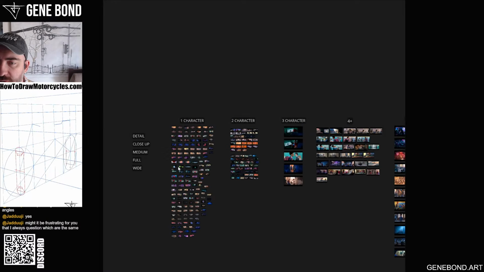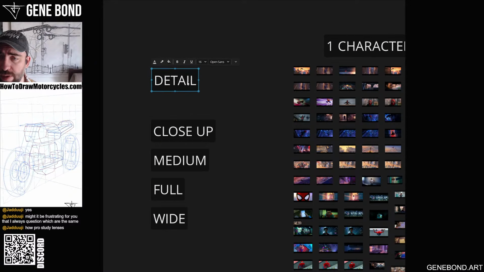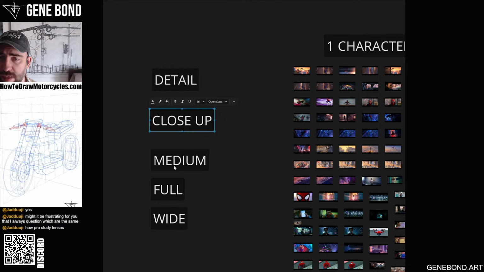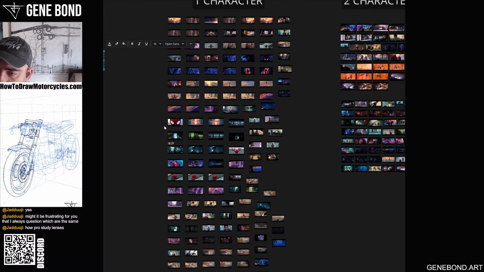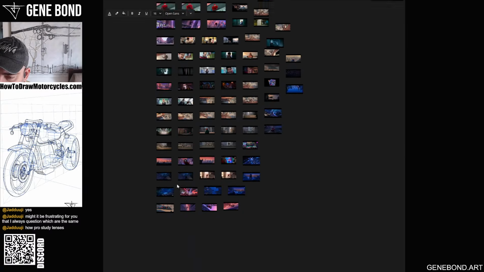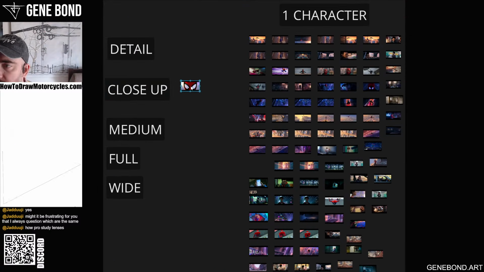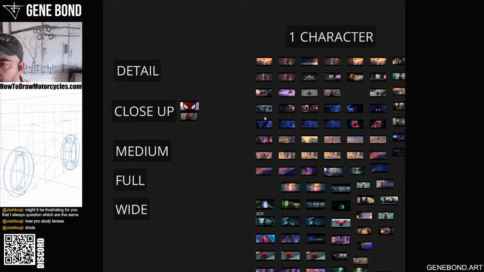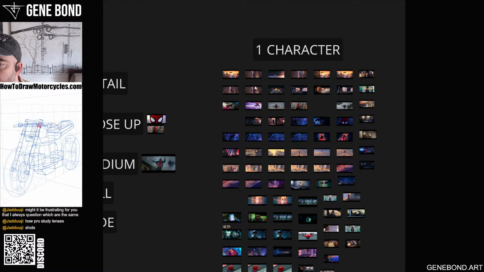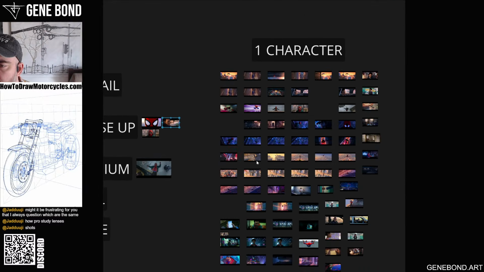This way it's much easier to memorize and practice, and you can also organize them by detail: close up, medium, full, wide. A quick example: where the character is holding a phone, close up is close to the face, right? Medium is about waist. Also close up, further here.